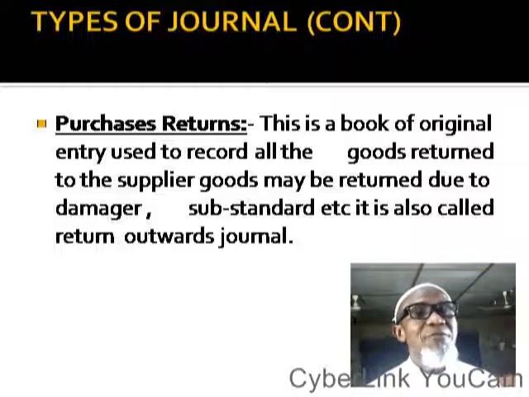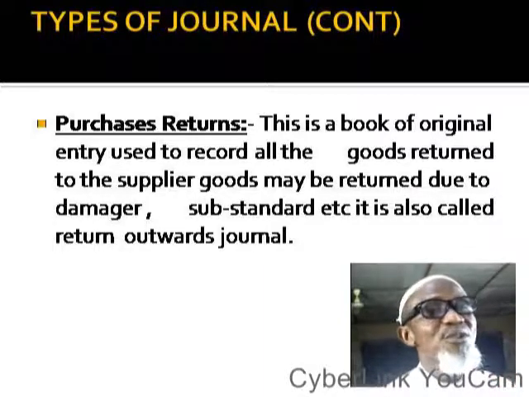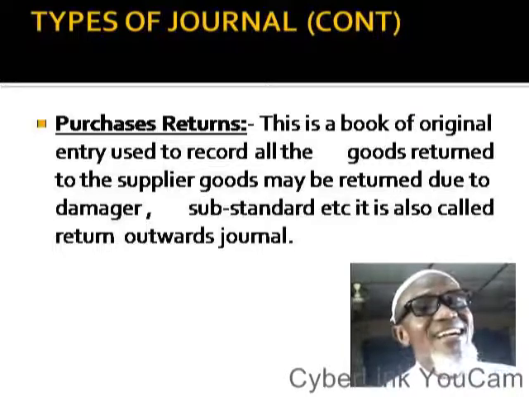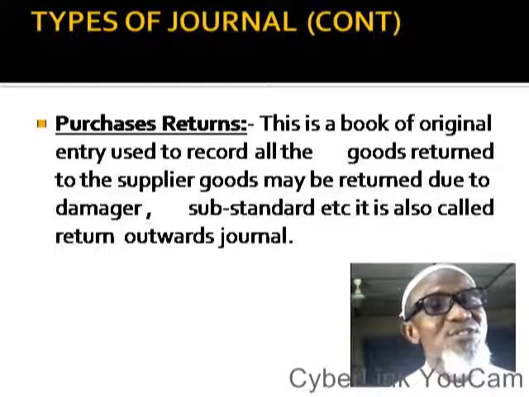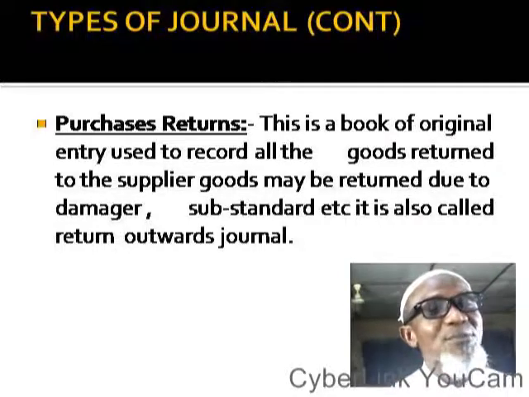Then we have the illustrations for this very purchase return. So these illustrations are what we are going to look into now.